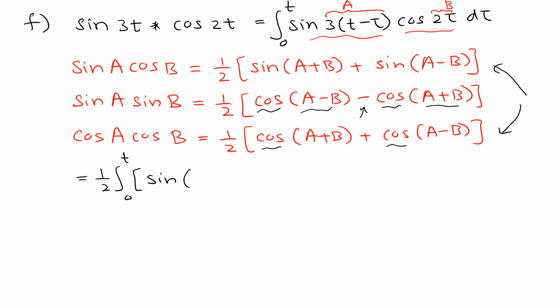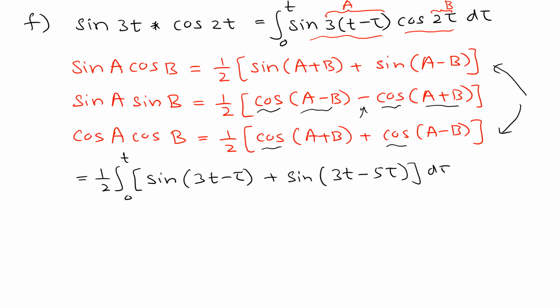You add them: when you add A and B, you get 3t minus tau. For the second one, you subtract them, so you get sine of 3t minus 5 tau.